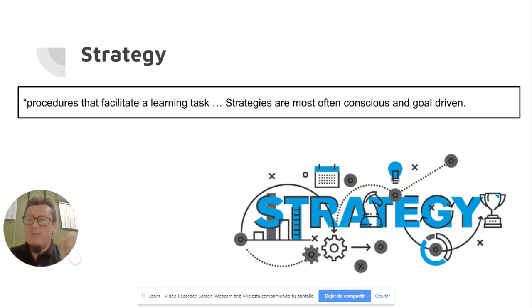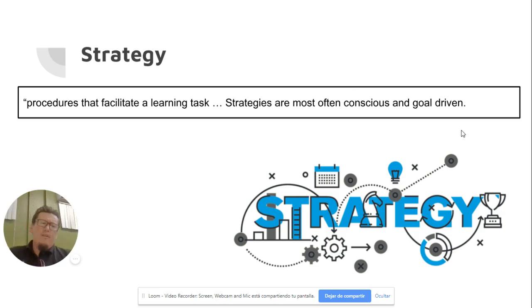So here one more time: a procedure that facilitates a learning task and is conscious and goal driven. The person is conscious of this procedure, of this strategy, and has a specific goal. I want to achieve something in the fastest and most efficient way, so I'm going to use this very specific set of steps or guidelines to do that.